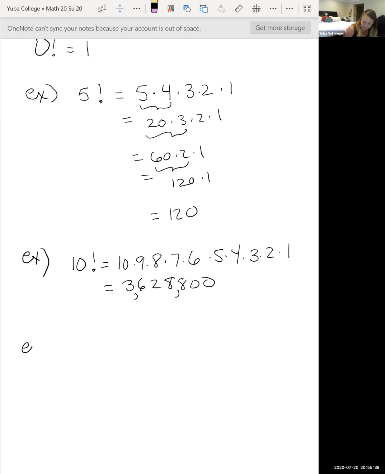Let's go to another problem. Or actually, let me go to the properties of summations.